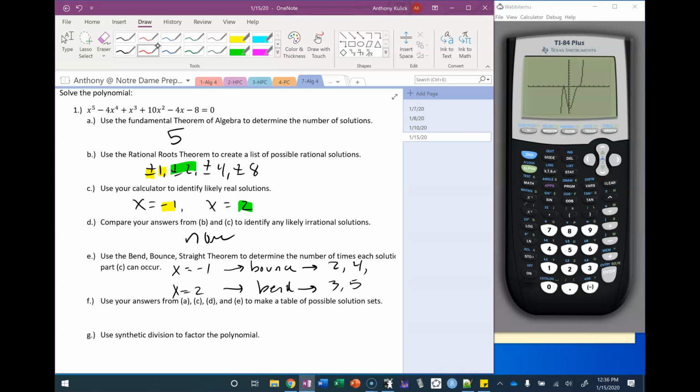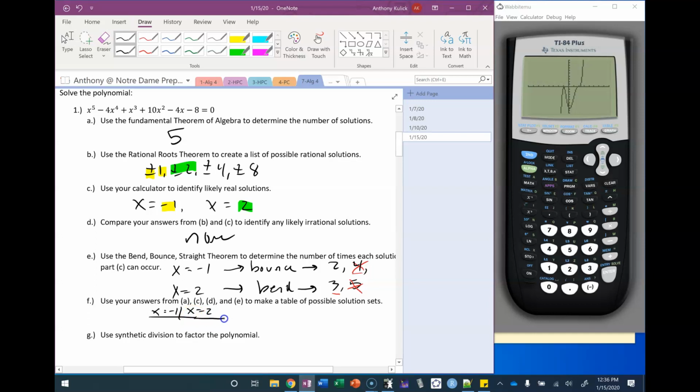No, because the other one has to be used at least 3, and 3 plus 4 is 7. Similarly, it can't be used 5 times because the other one has to be used twice, and 2 plus 5 is 7, and that's too many also. So we know exactly how many times things are going to be used here.